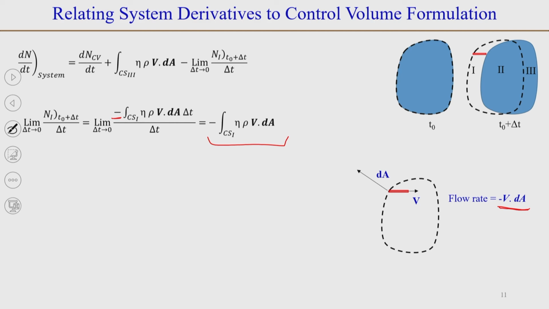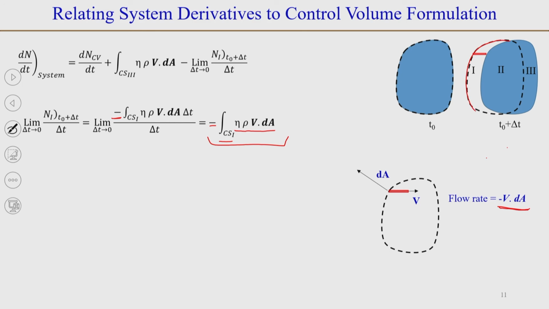That will be equal to minus the integral over the control surface 1, which is this boundary, the intersection of region 1 and the control volume, of eta rho V dot dA.